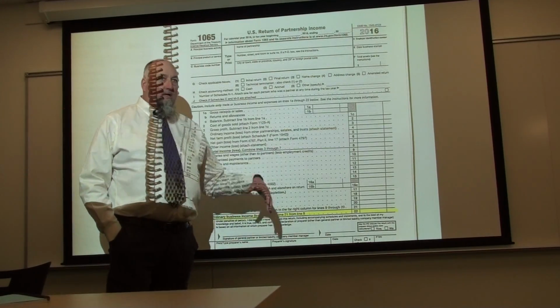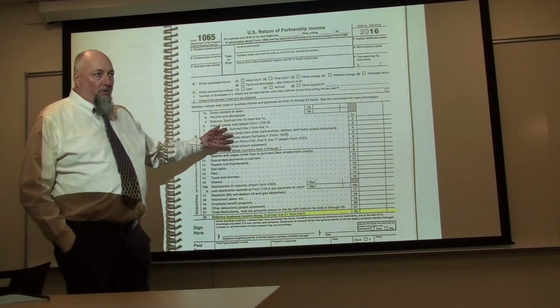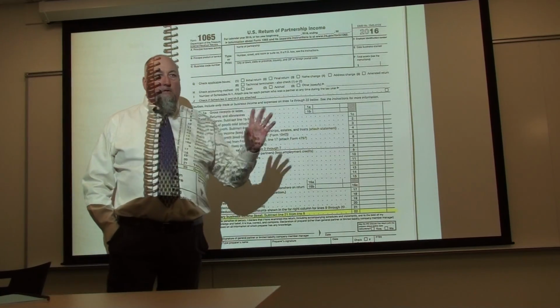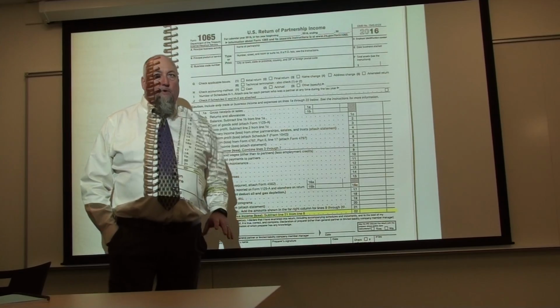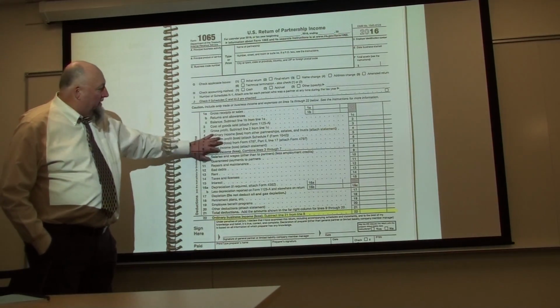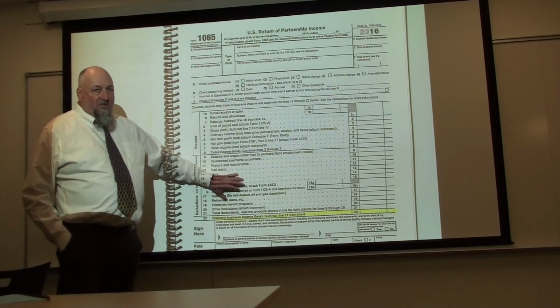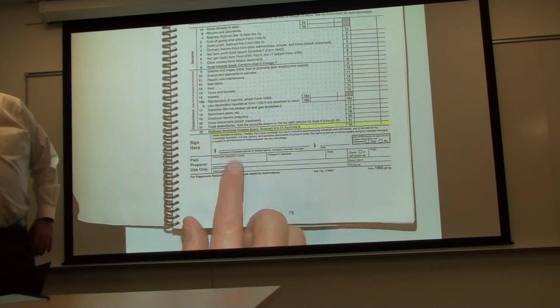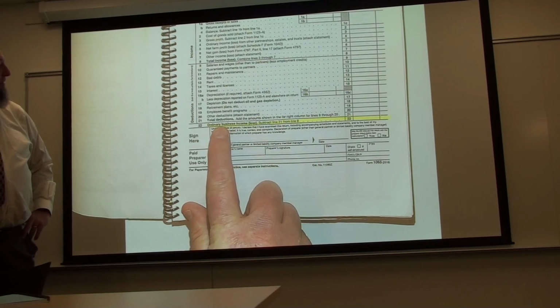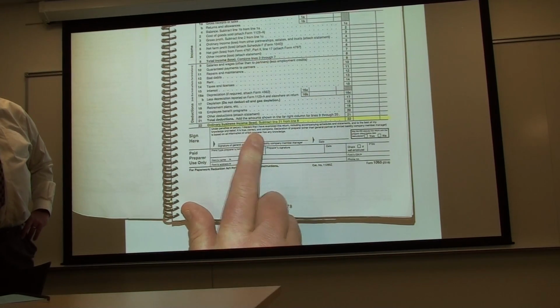So most LLCs are going to be using this form if you have more than 1 owner. If there's only 1 owner, then you just file it under regular 1040 form. So same idea, here's our income, here are the expenses, and then here's that same term again as the S corp. Ordinary business income, not taxable income.